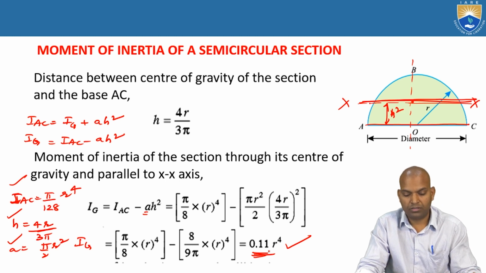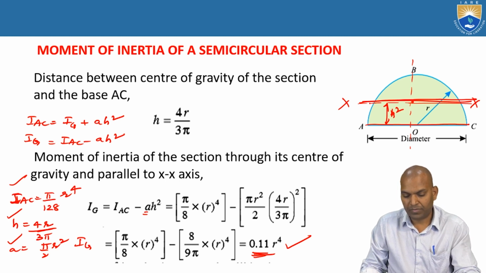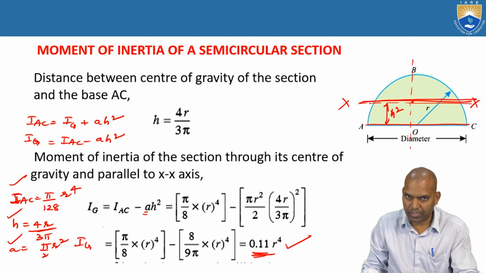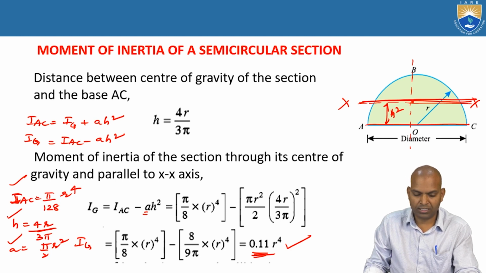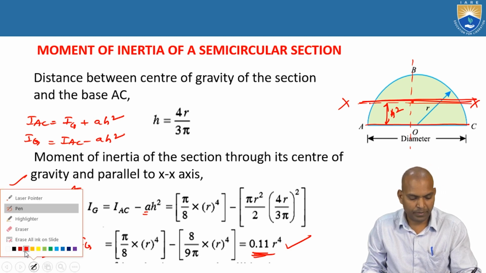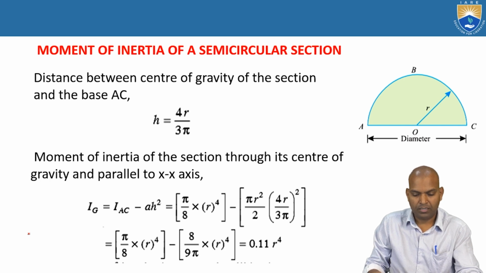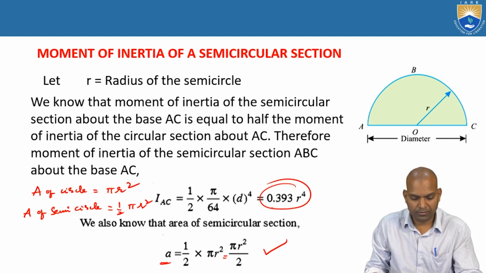Now, what about the vertical axis YY? How do we find the moment of inertia about the vertical axis? Let us apply the concepts of the semicircle.